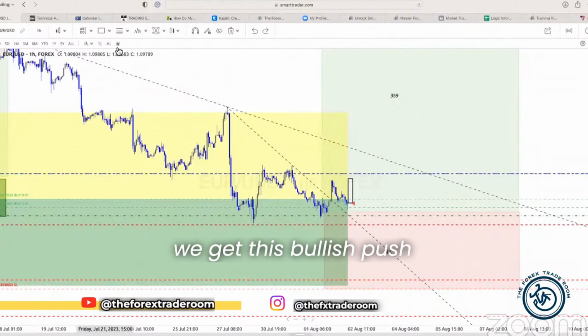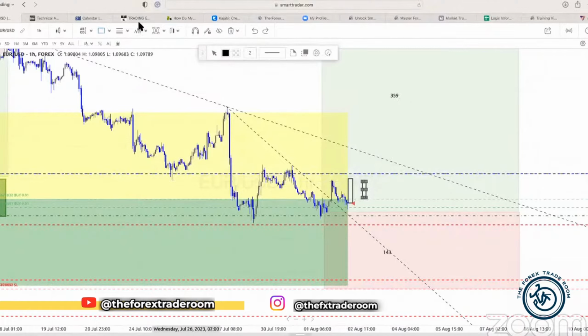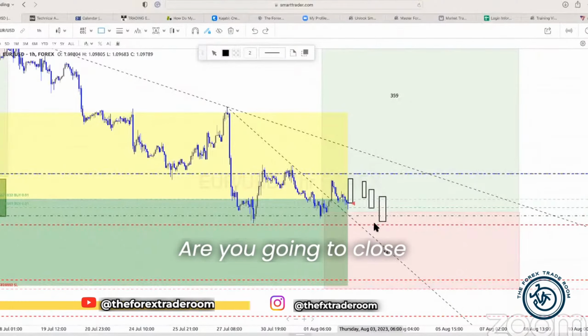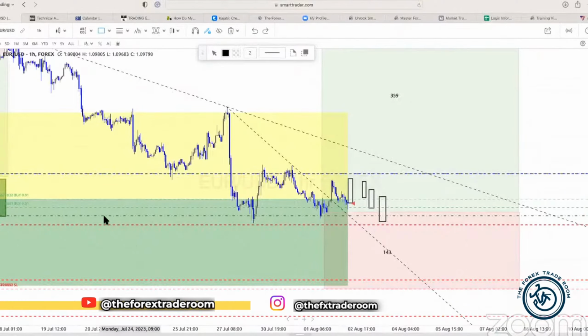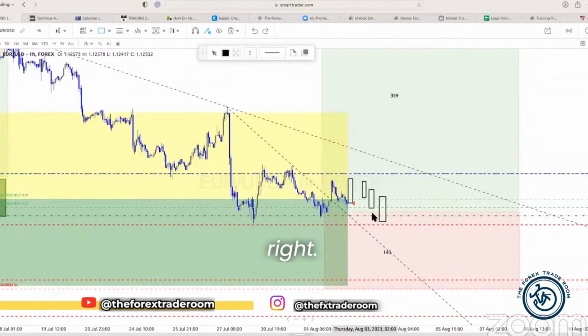What happens if we get this bullish push here and then, whoops, the market does this? Are you going to close your trade? But you're in drawdown anyway, right?